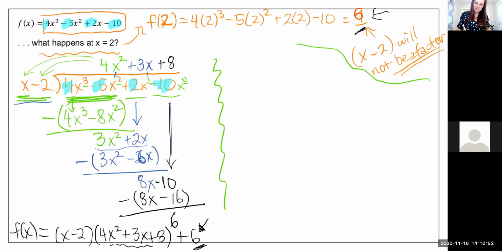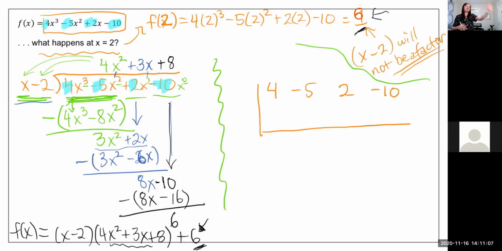So I'm going to write that out, but I'm only going to write the leading coefficients of it. So 4, negative 5, 2, and negative 10. So again, this is a very reductionist sort of approach, but it kind of yields the same effect as that left-hand side process.